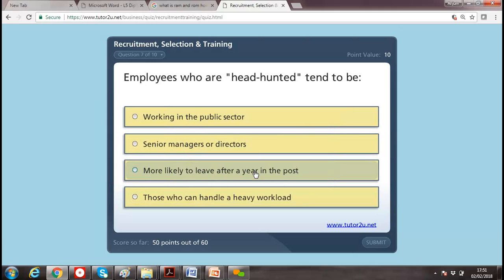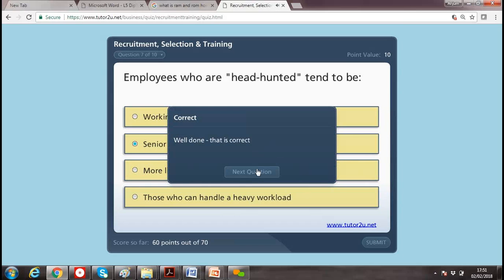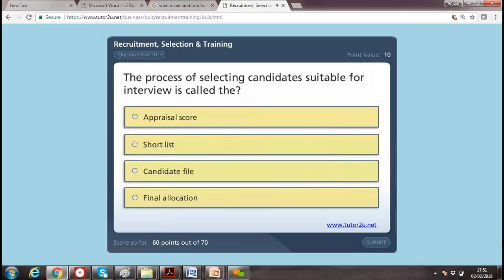Employees who are headhunted tend to be senior managers or directors, maybe. Good, well done, because headhunted, yes, good.